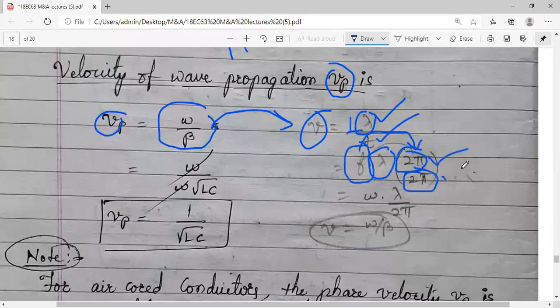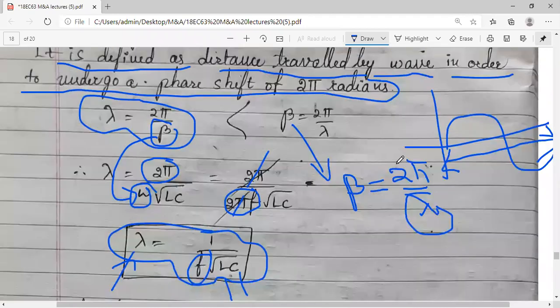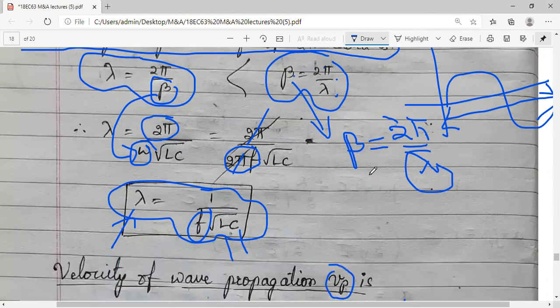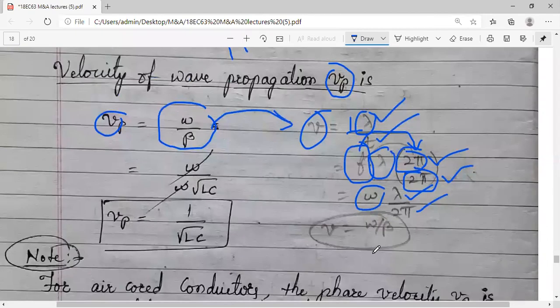So that's why multiply and divide by 2 pi. You will get omega lambda divided by 2 pi. And just now you have seen, beta is equal to 2 pi by lambda. So inverse, lambda by 2 pi will be 1 by beta. So I have substituted, it is omega by beta.